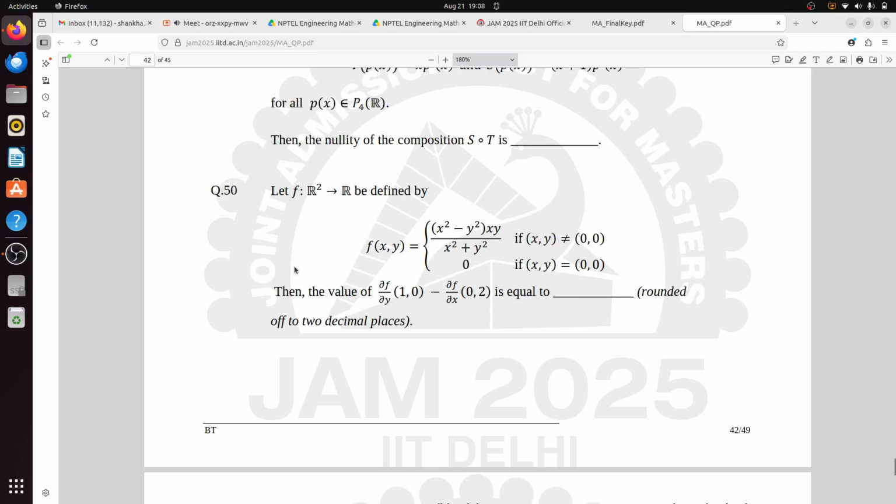Did you determine the answer? Maybe the answer will be 3. I have just solved it orally. Did you solve the answer? Please respond. Please, this is a very easy problem.